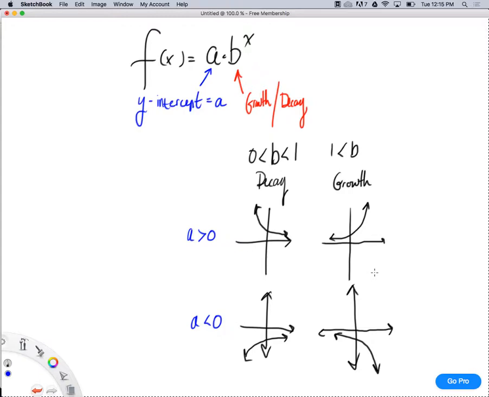Now, if you know these attributes, you can immediately eliminate some things. Let me give you an example. Let's say I tell you f of x equals 3 times 2 to the x. What do you immediately know about this? What does this 3 tell you?